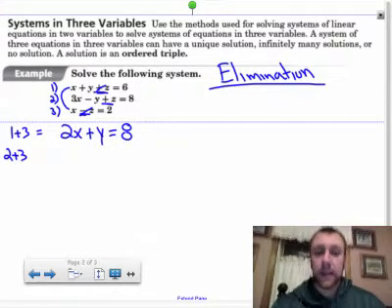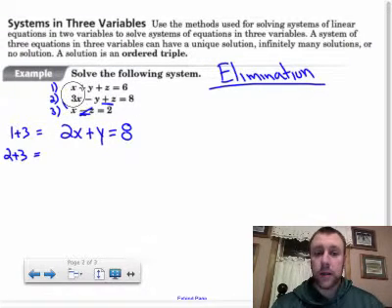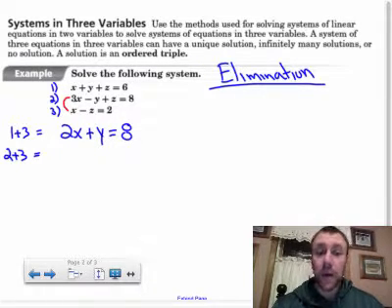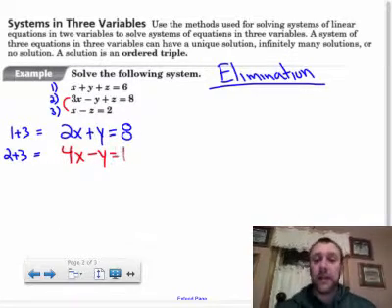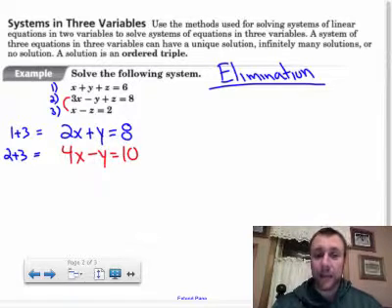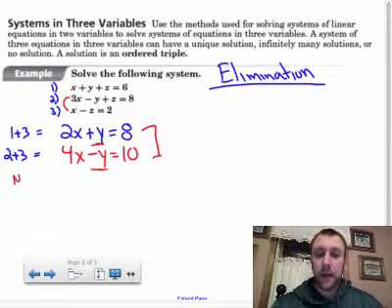And I add the x's, so it's going to be 4x minus y equals 10. Now I have two new equations with a plus and a minus on the y's. So now I can eliminate those by adding them together. I'm going to take the new equation 1 plus the new equation 2, and I'm going to get 6x equals 18.